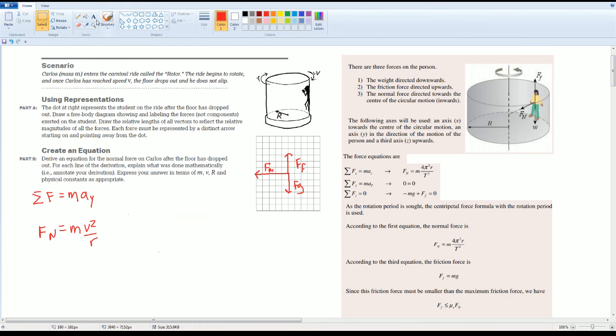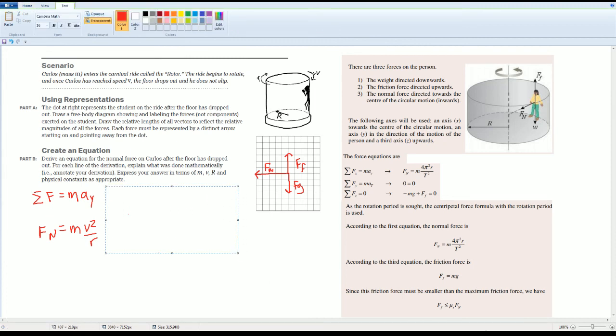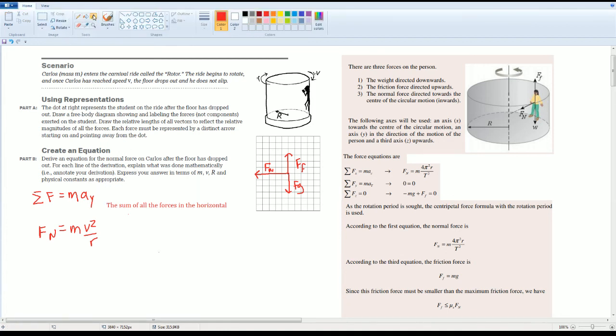So you can write here the sum of all the forces in the horizontal direction, this should be x. Exactly like the way this problem is done.